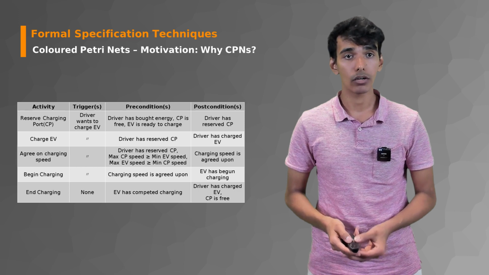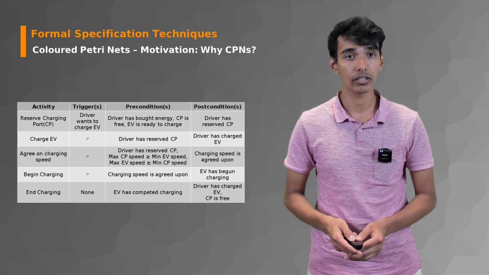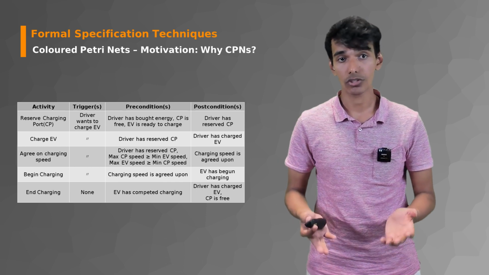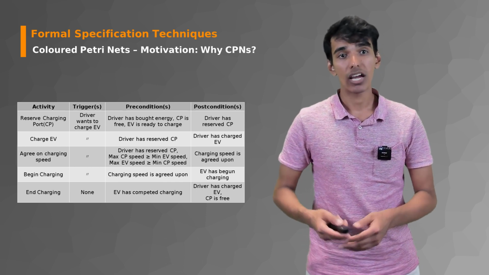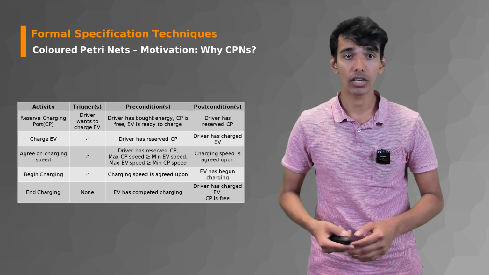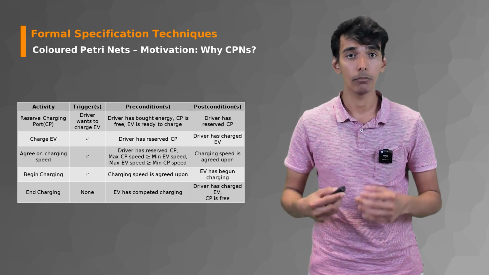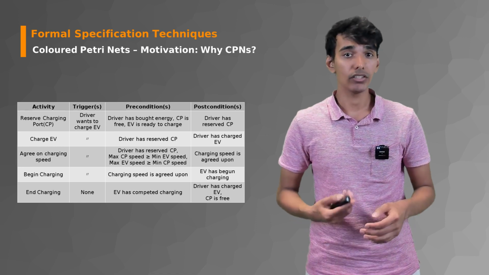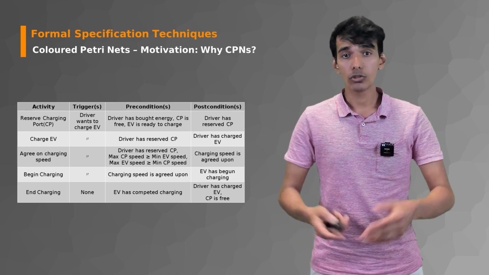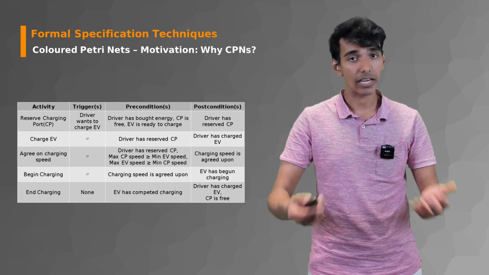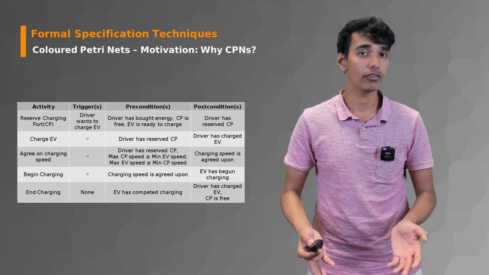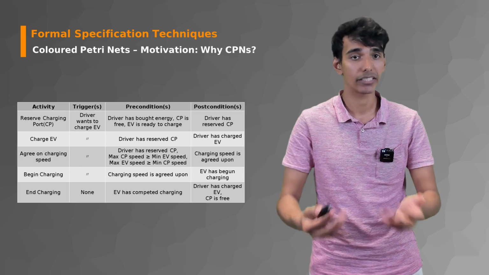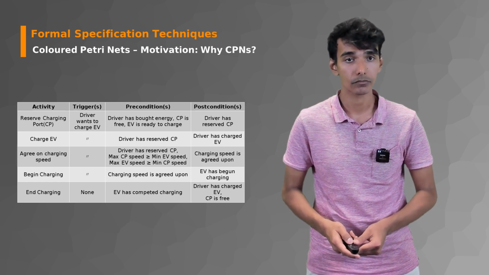So we talked about various activities like having a charging port reserved when a driver wants to charge an EV, which has some preconditions such as the driver already purchased some energy, the charging point is free, and the EV is ready to charge. And also there are some postconditions for every activity, like the driver has reserved the charging point. And you might recall some other conditions which are basically the same that we have done before.